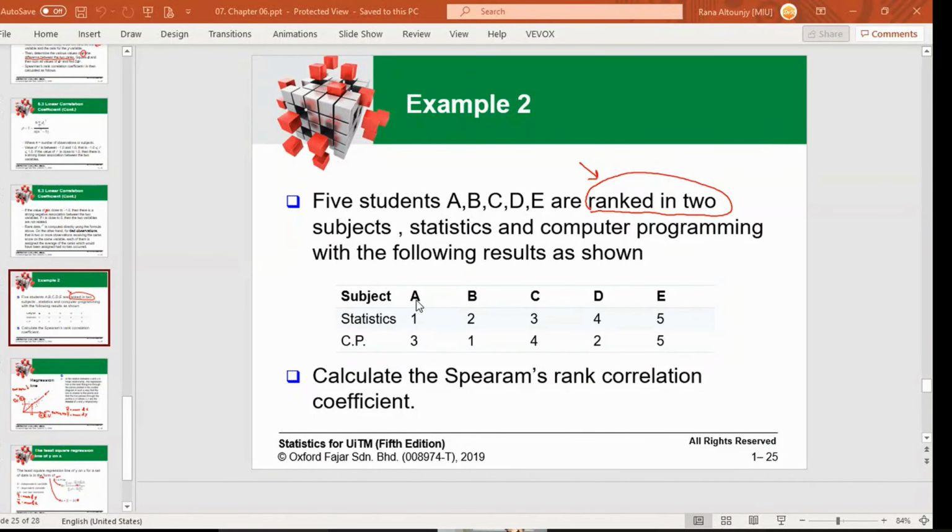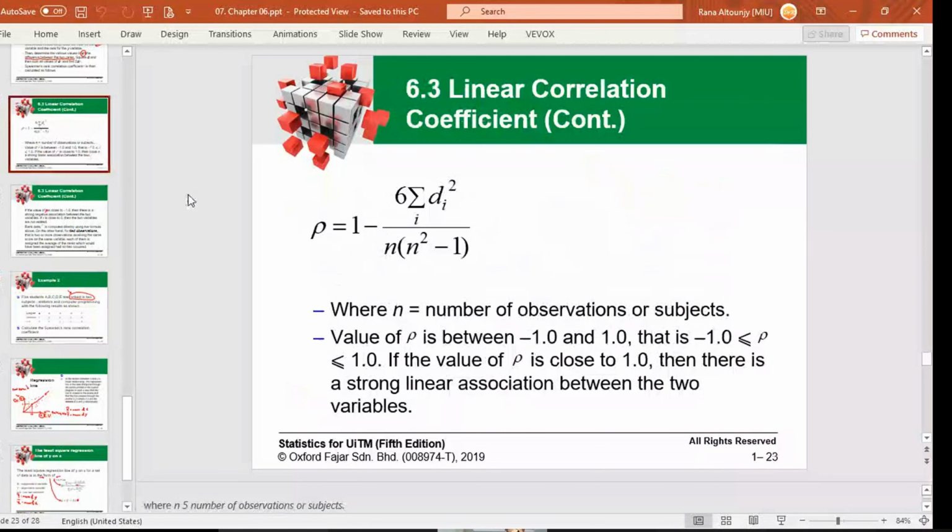So student A ranked first in statistics and third in computer programming. Student B became second in statistics, first in computer programming, and so on. Calculate the Spearman rank correlation coefficient. If you remember, this was our equation. Let's go back to Excel.